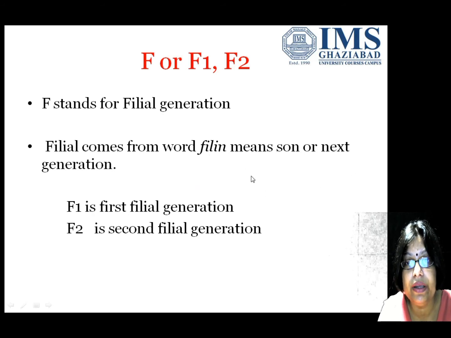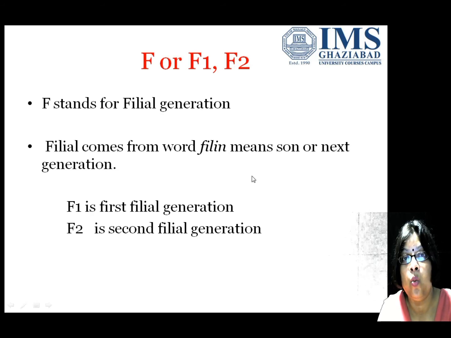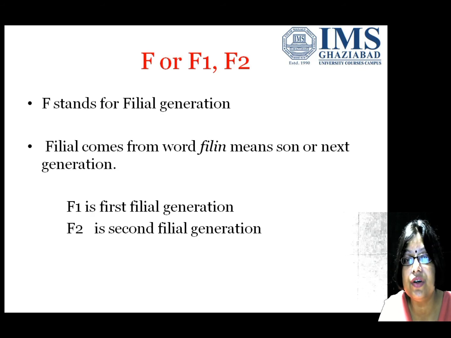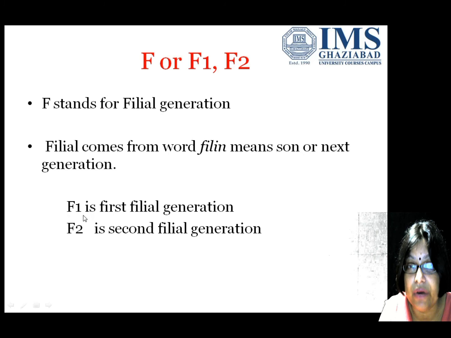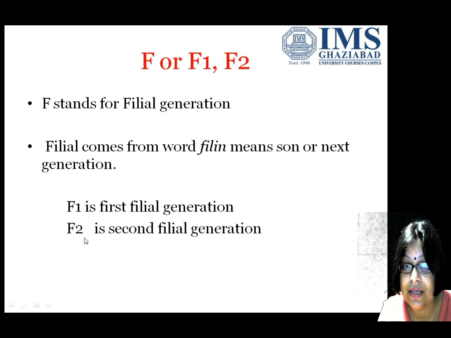What we do in genetics is take two individuals, one female and another male. The breeding is done between the two individuals, and we get the next generation. So how do you name the next generation? The first generation is called F1, the first filial generation, and F2 is the second filial generation.